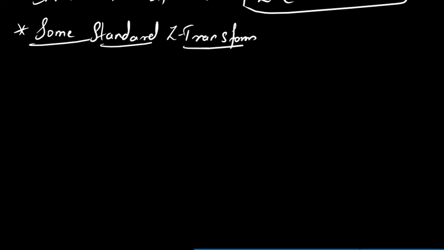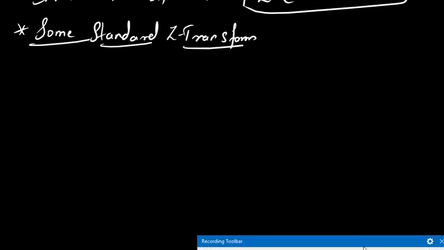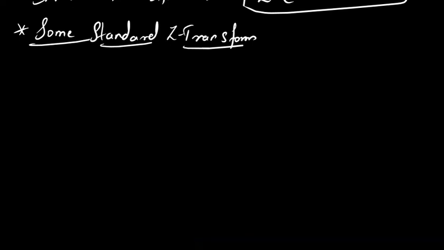So here come the standard Z transforms. It is similar to what we use in Laplace transform. These transformations will help us to solve problems. The first basic transformation is Z transform of a to the power n, where a is a constant and n represents a discrete system.